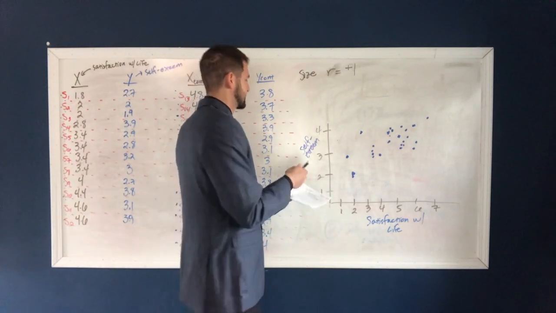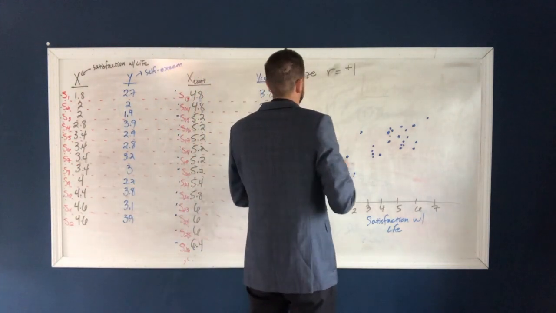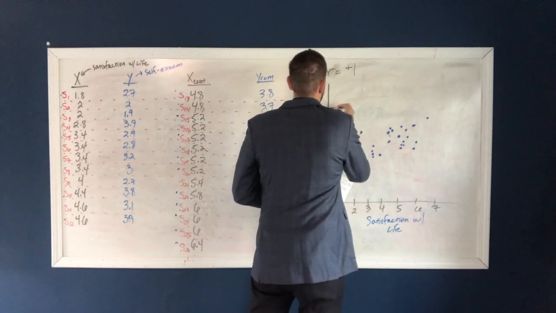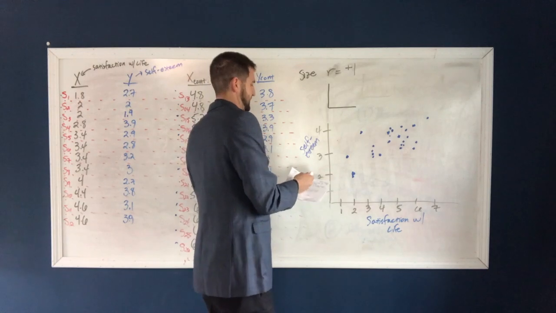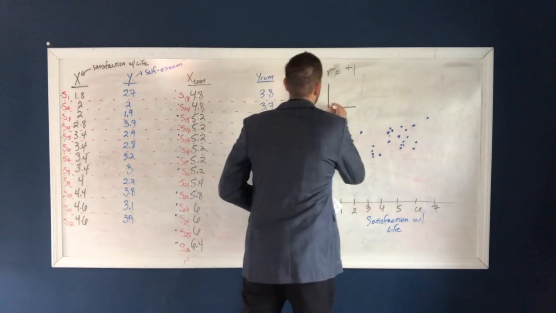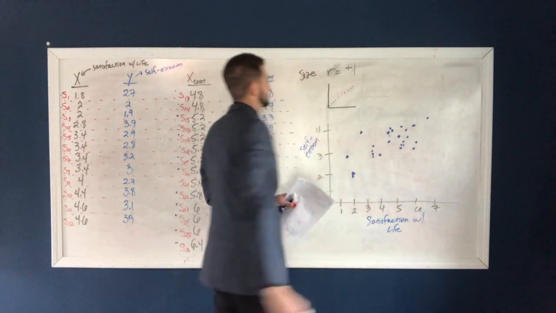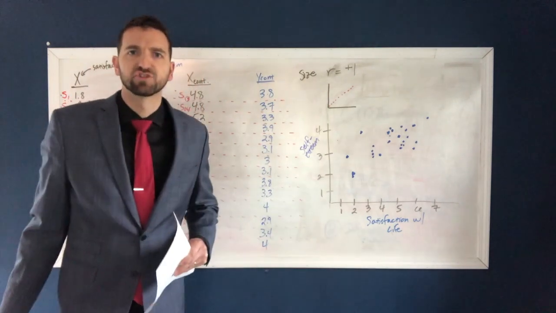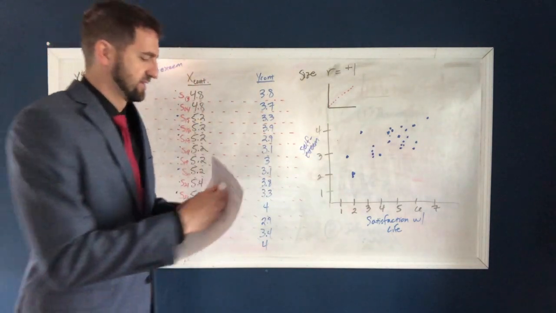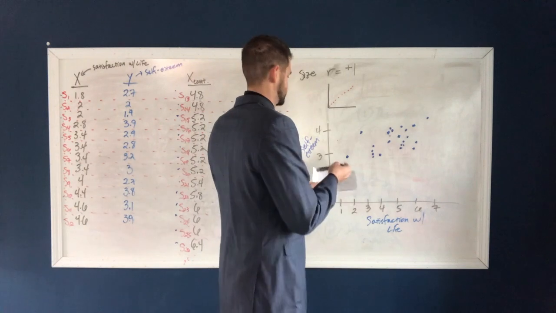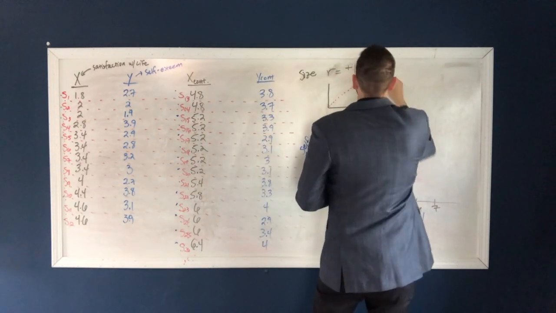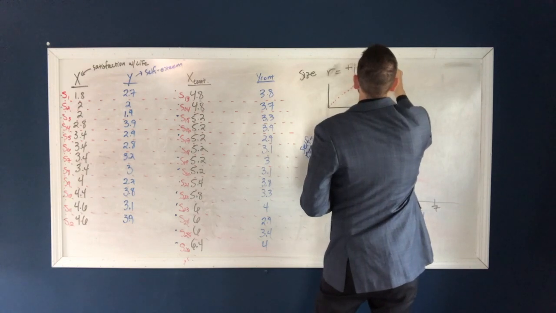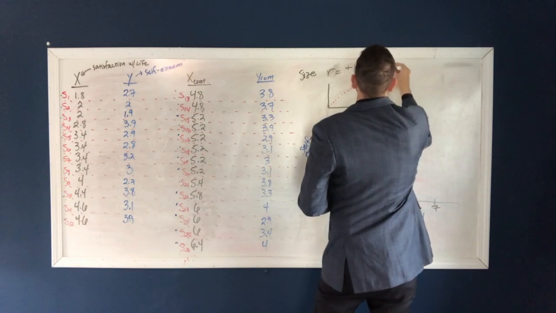So what is that going to look like? The dots are going to be pretty much in a straight line. Now let's do R equals, let's say, +0.5.